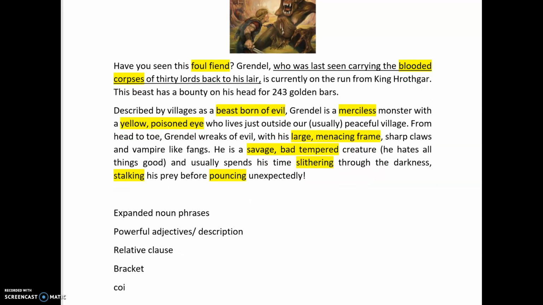Last but not least, remember you're going to need lots of conjunctions to extend your sentences. I will put some conjunction mats into the lesson for you as well. Hopefully that makes sense to everybody.